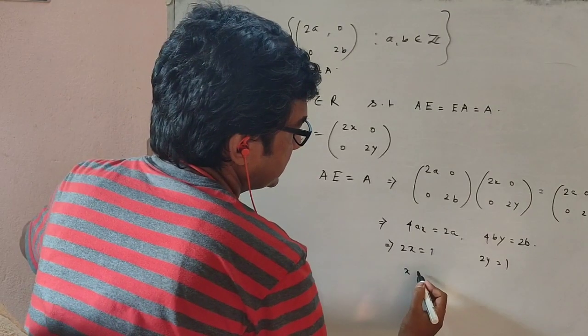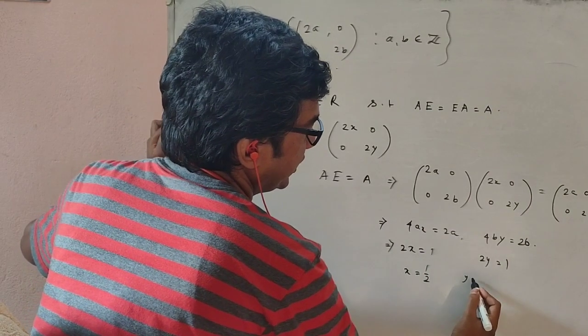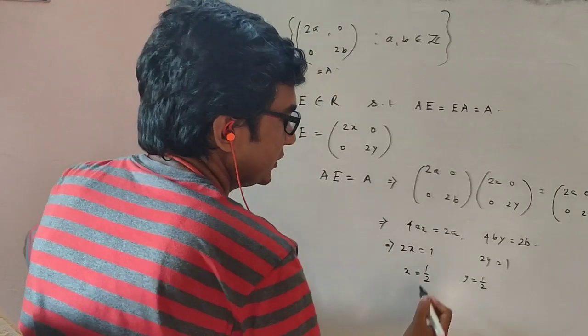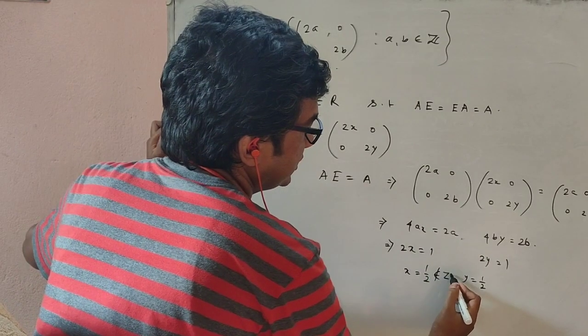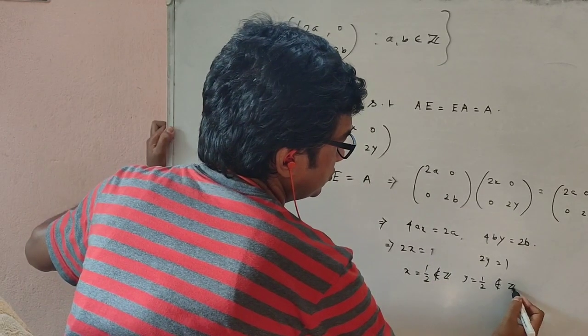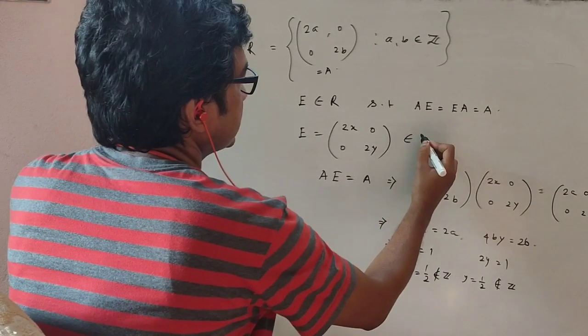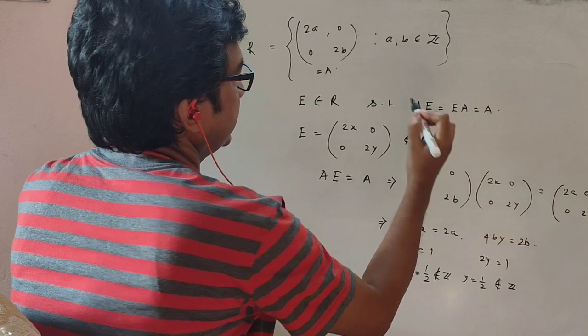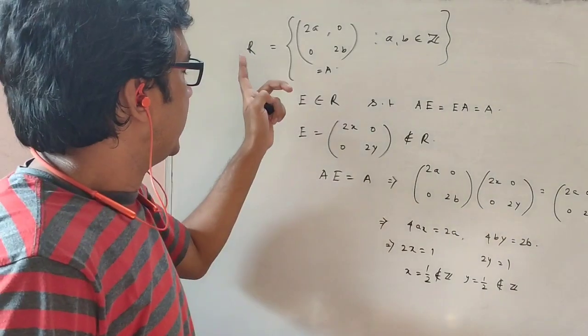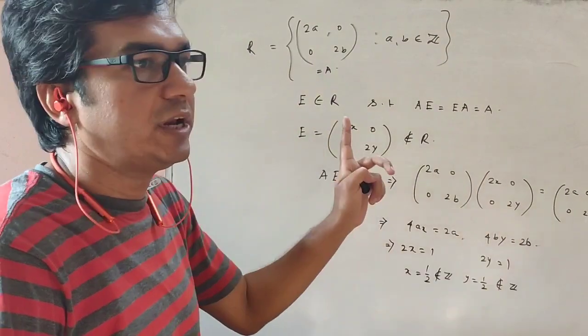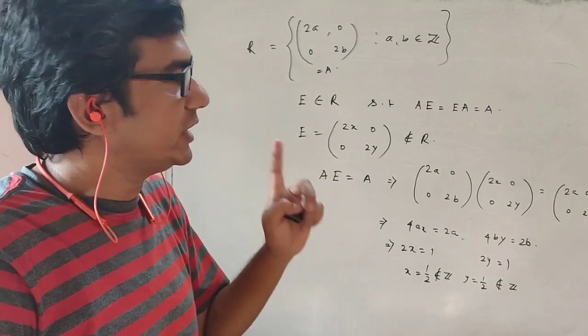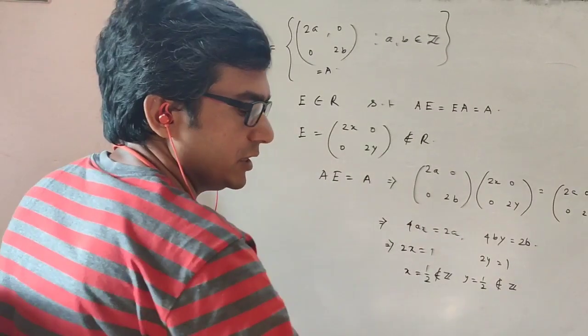That is, x equals half, y equals half. This does not belong to Z, so E does not belong to this ring. So the ring does not contain unity.